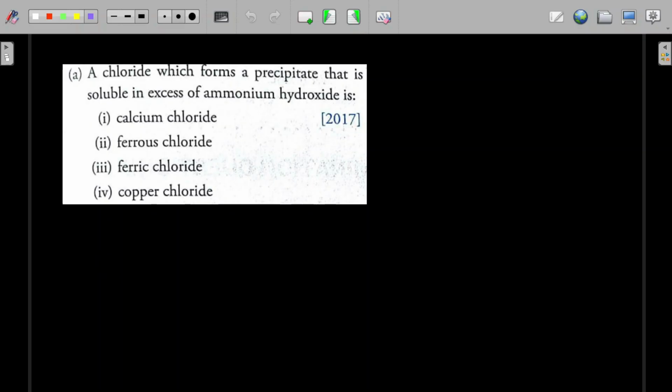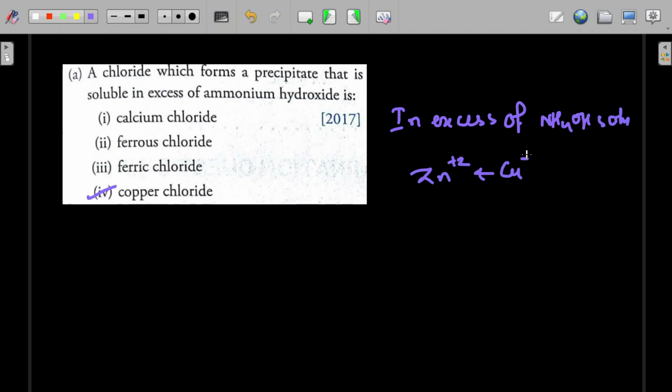Correct, correct. Which remains soluble in excess is copper only, no? See, I told you just now, in excess of NaOH, which two are soluble? Sorry, this is NH4OH, na? Which two are soluble? Zinc ion and copper ion. So zinc is not here, so you have to write copper.